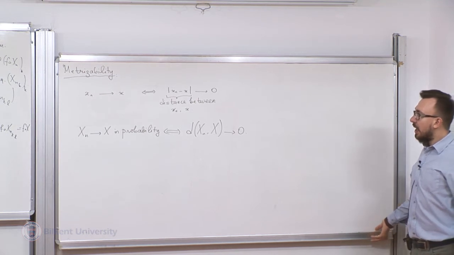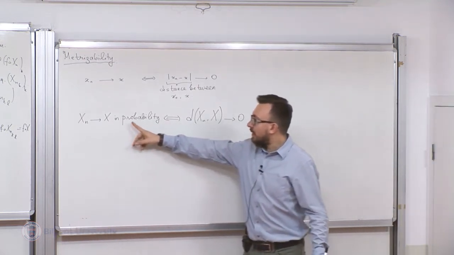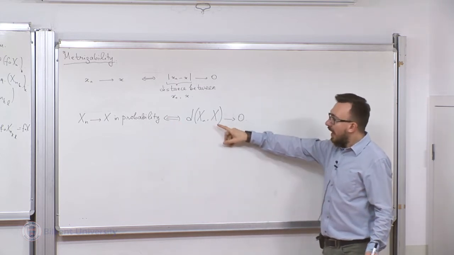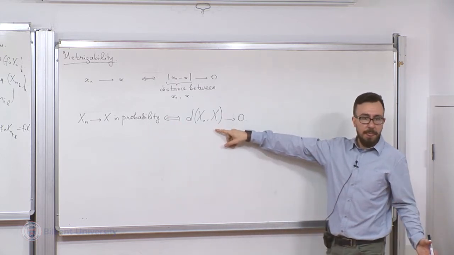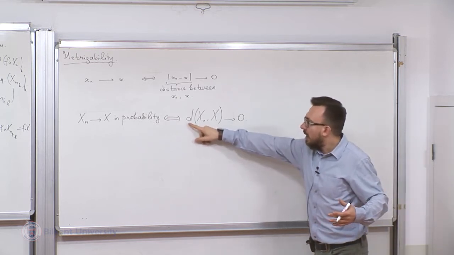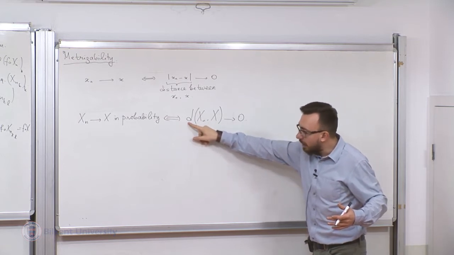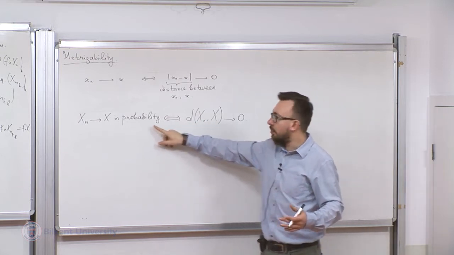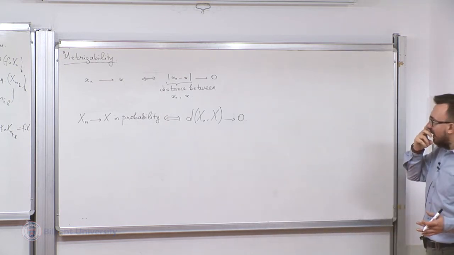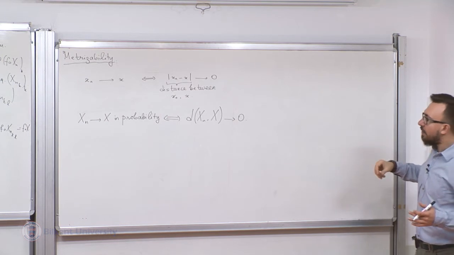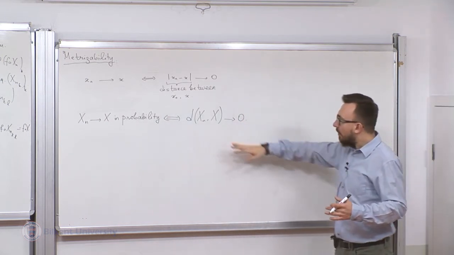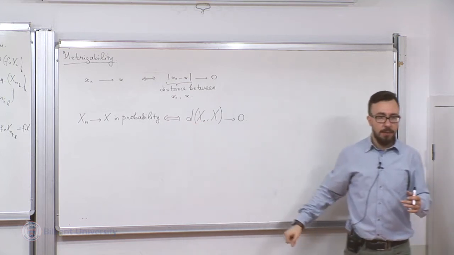So this is metrizing this notion of convergence, okay? So this means that you can actually see it as a metric space, okay? You have this metric, and convergence in this space with respect to this metric is just convergence in probability, okay? This is metrizing it, okay? So luckily, convergence in probability is metrizable, and we're going to look at what this metric is, okay?